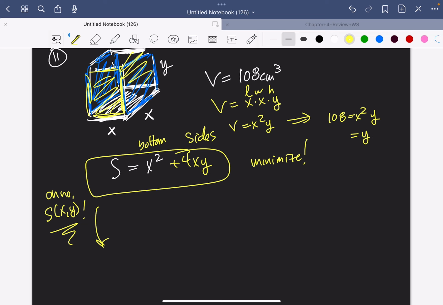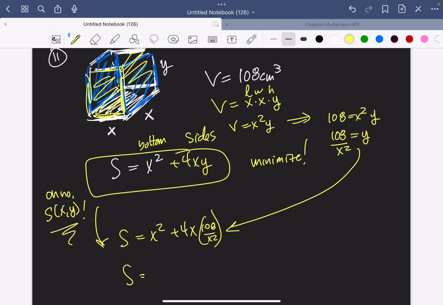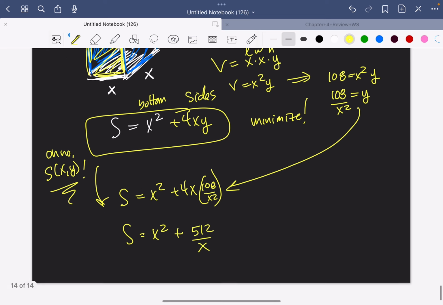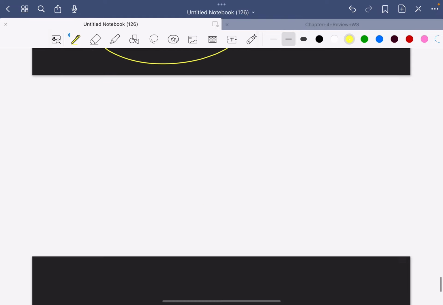So everywhere you see y, you can replace it with 108 divided by x squared. So x squared plus 4x times 108 over x squared means that our surface area is x squared plus 432 over x. So there's now the function that we want to minimize.